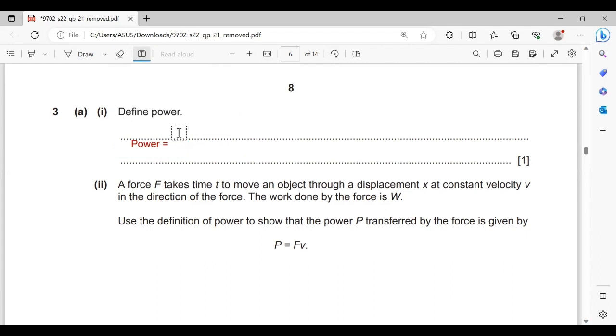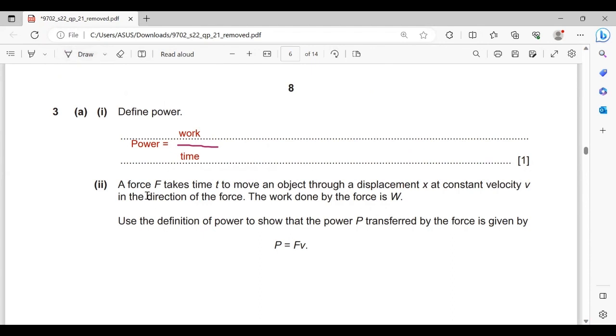This is the understanding of power. Power equals work done over time taken.